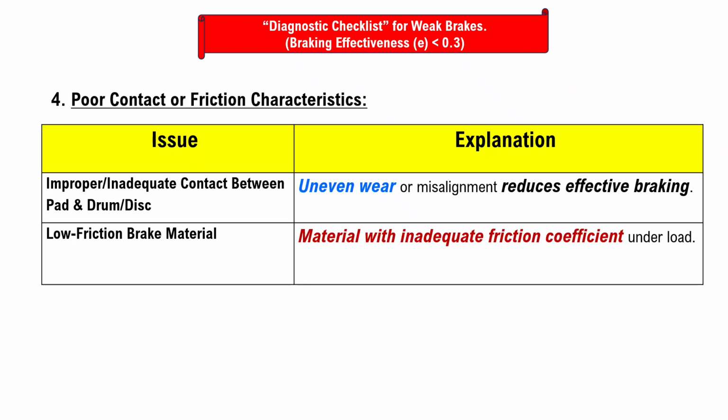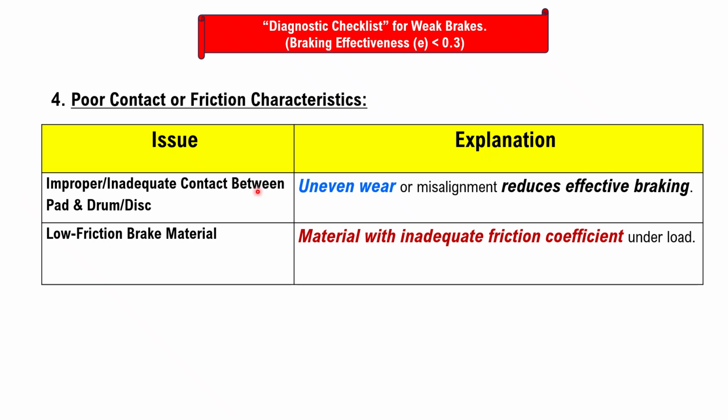In case of braking effectiveness too low, issues related to poor contact or friction characteristics are: number one, improper or inadequate contact between pad and drum or disc.